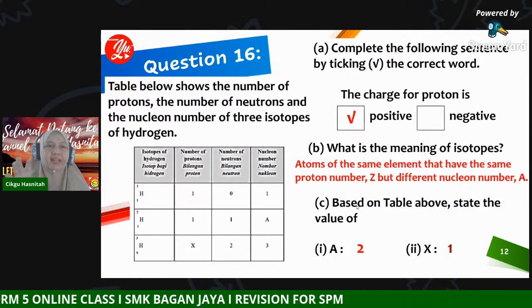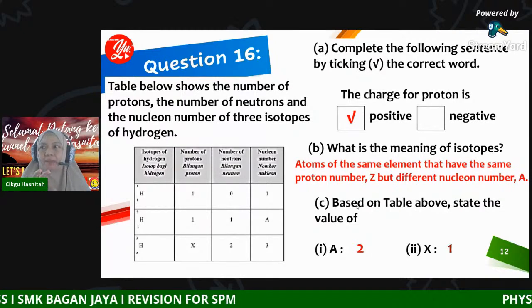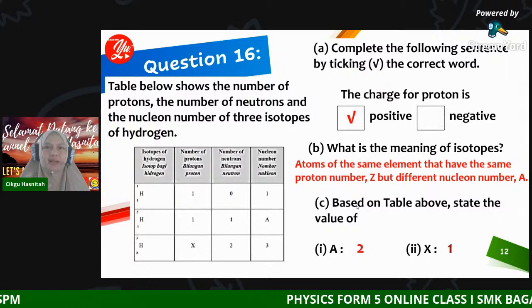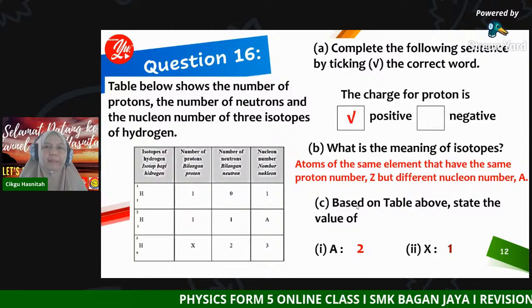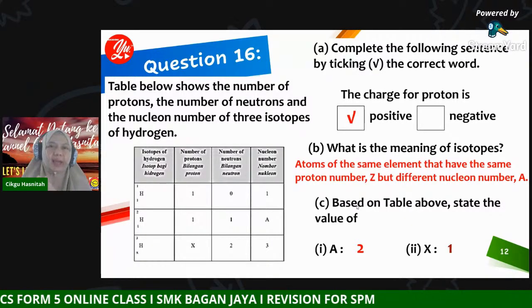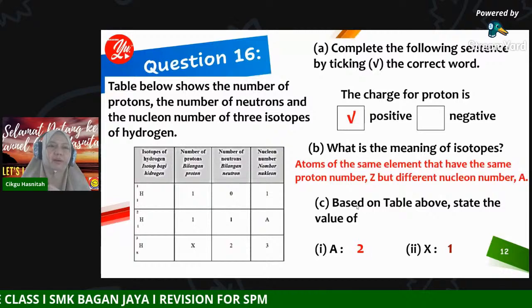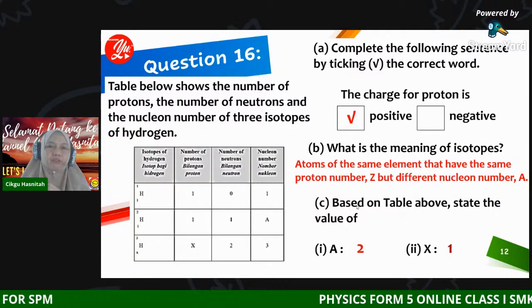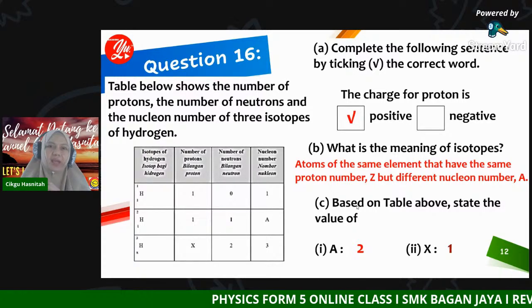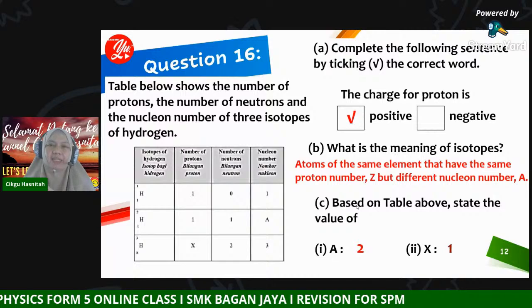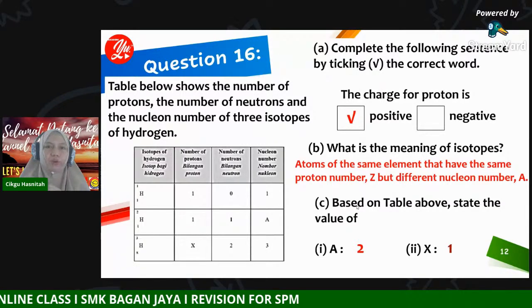Element. Okay, you add the word element at the front, or atom. Atom of the same element with same proton number but different nucleon number. Or you can say element with same number of protons but different number of neutrons. Okay, elements with same number of protons but different number of neutrons.